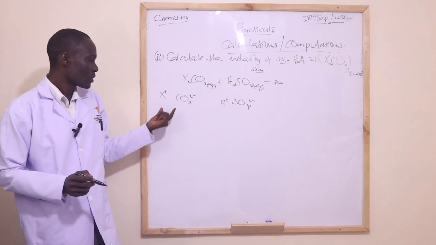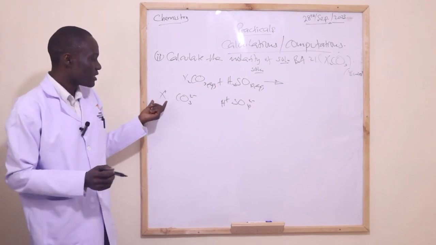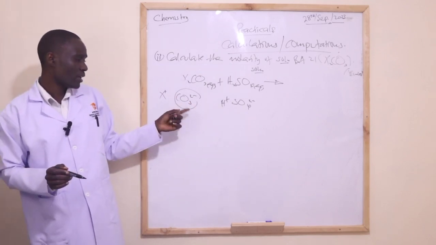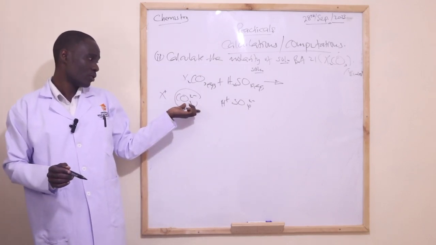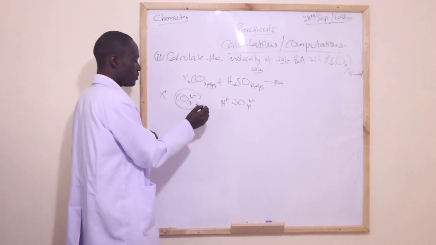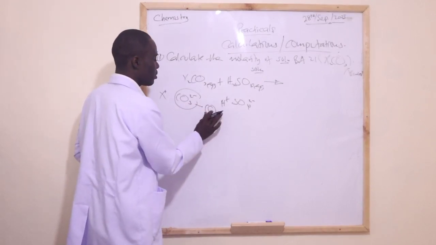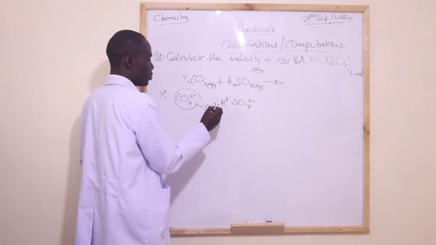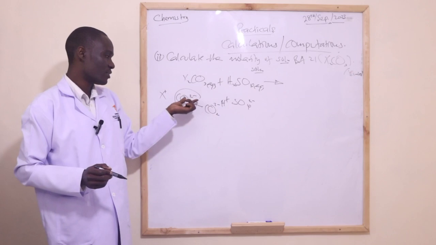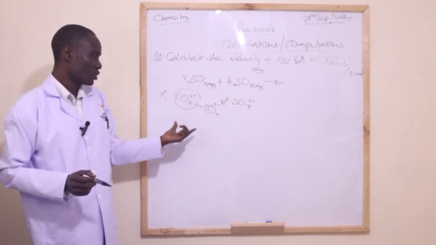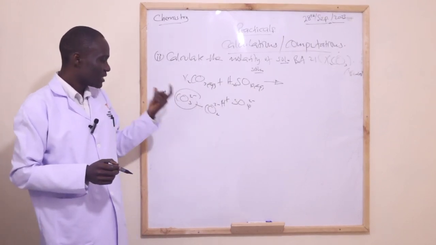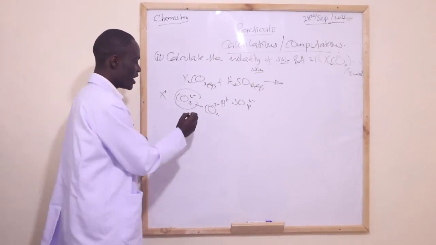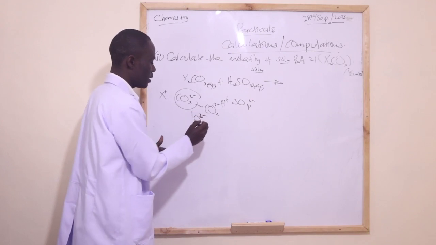So in this case, what happens is that we find the carbonate ion or radical is normally an unstable ion that undergoes further decomposition. Since it is an unstable ion, it further decomposes to carbon dioxide and oxygen ion.